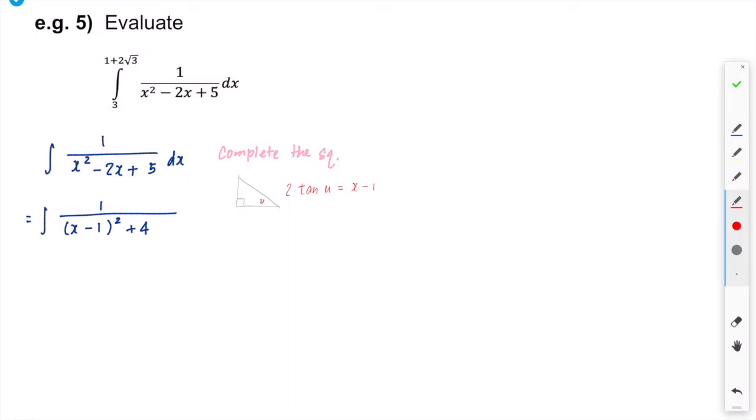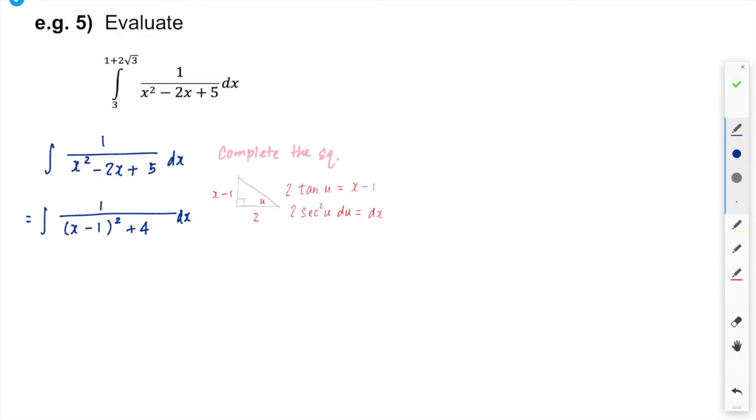So for angle u, x minus 1 is opposite, 2 is adjacent. The derivative of this is 2 secant squared u du equals dx.